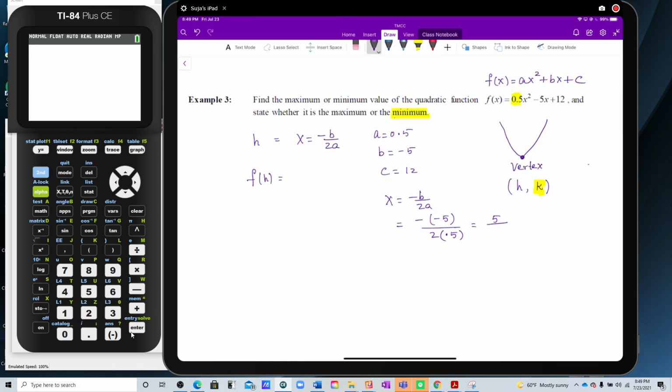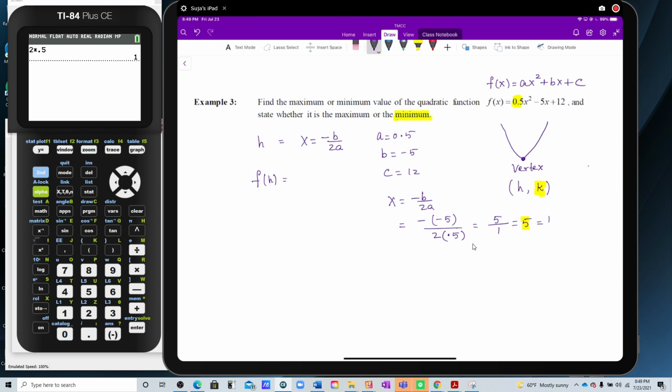Let me confirm it. 2 times, because 0.5 is like a half, so this should be 1. So 5 over 1, therefore it's 5. So h is 5. The h value is 5. This is my h value.